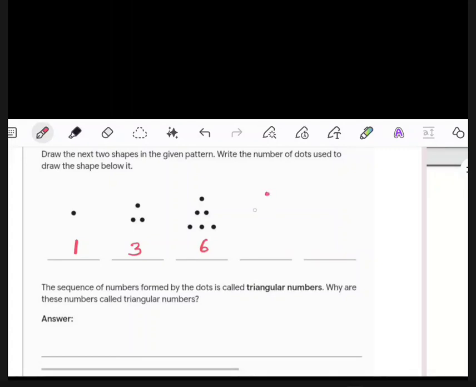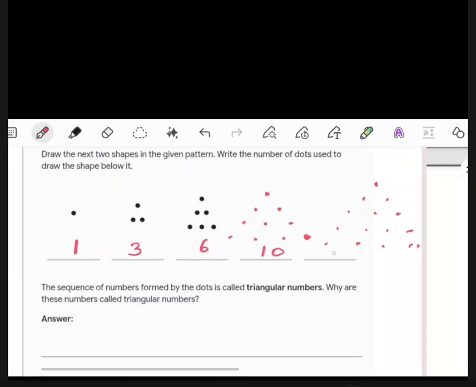Let's draw 1, then 1, 2, then 1, 2, 3, then 1, 2, 3, 4 dots. So all this adds up to how many? It's 10. Okay? So the next one: 1, 1, 2, 1, 2, 3, 1, 2, 3, 4, and the last row is 5.